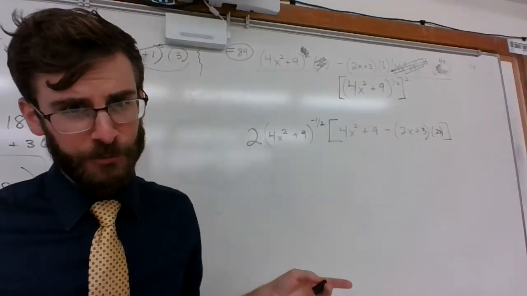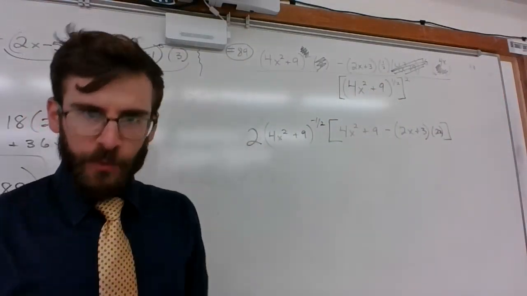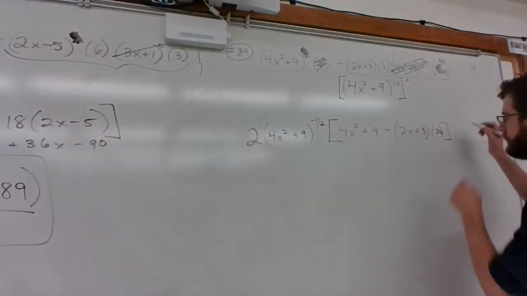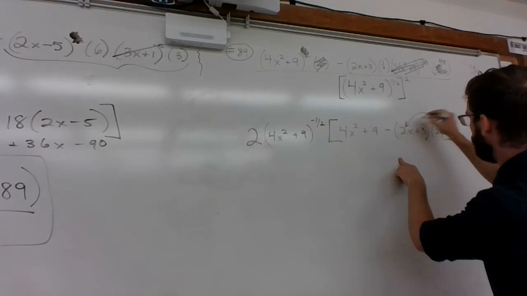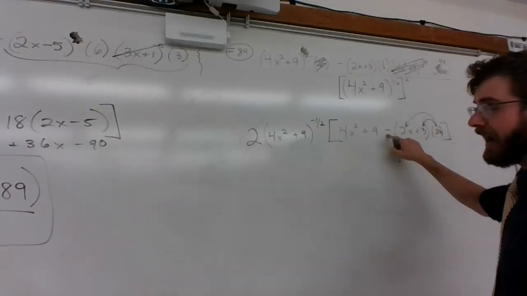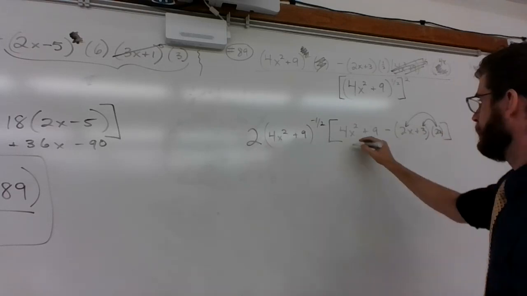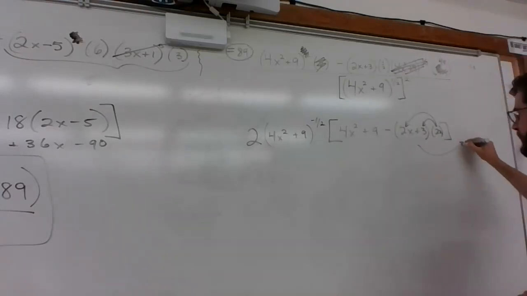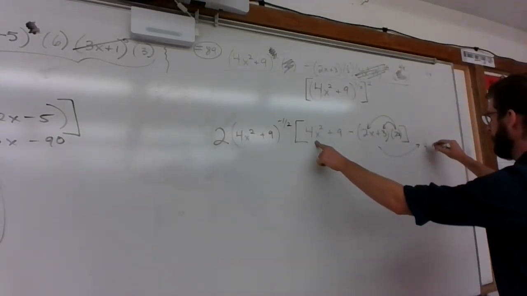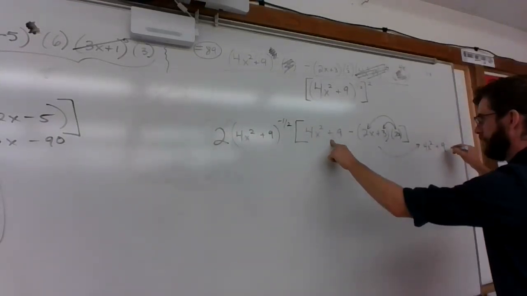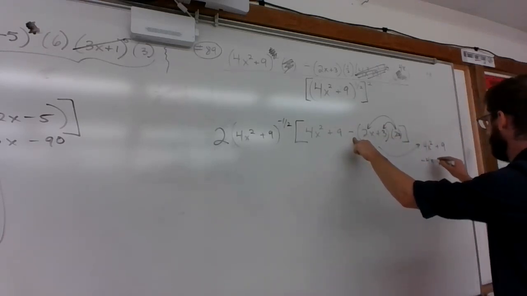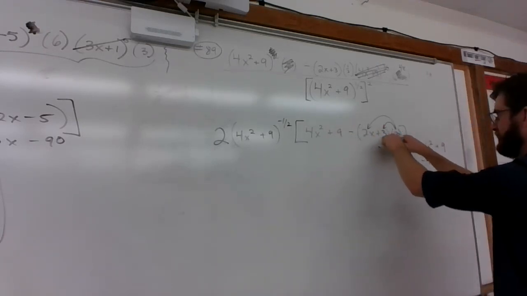I'm just going to figure out what that numerator is first, then we'll incorporate the denominator. So 2x times 2x is 4x squared, and this is going to be 6x. There's a minus being threaded through the whole thing, though. So this is off to the side. Hopefully we can still see that. 4x squared plus 9 minus 4x squared minus 6x.